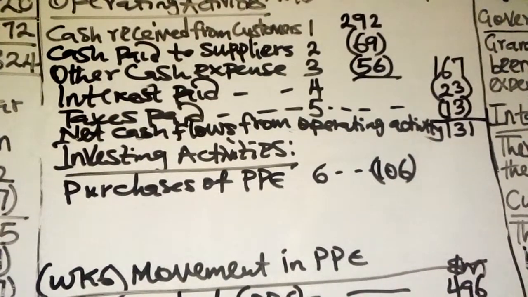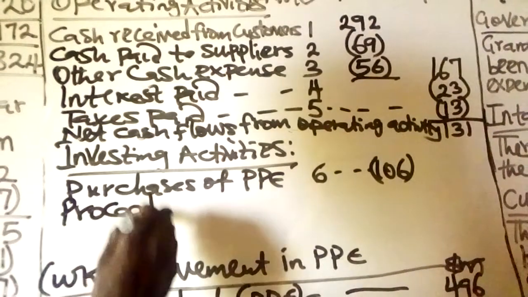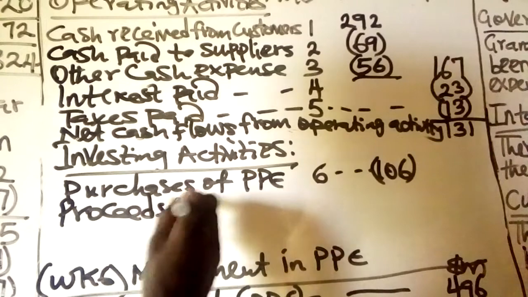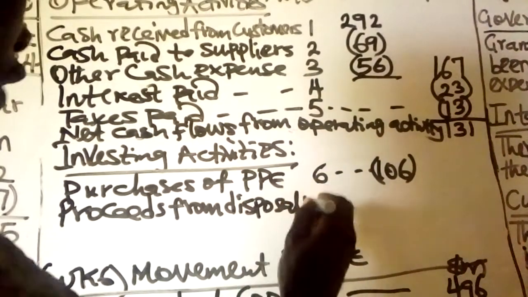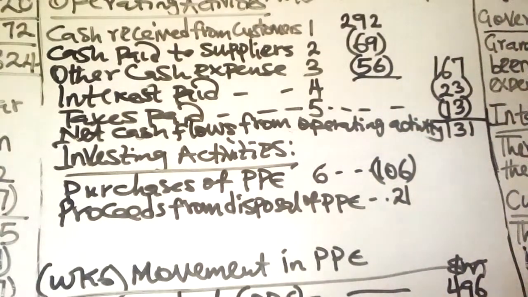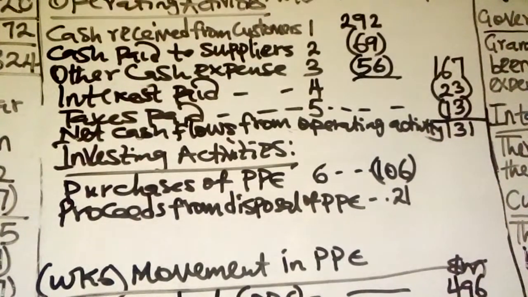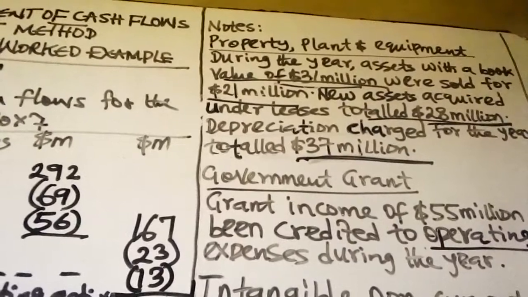Then remember, there is a disposal of PPE, proceed from disposal of PPE, and that is given to be 21 million. The proceed from disposal of PPE, that is, when PPE is disposed, more cash will be received.